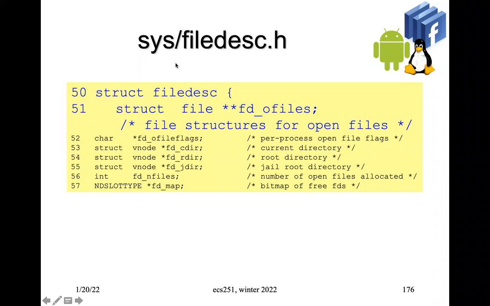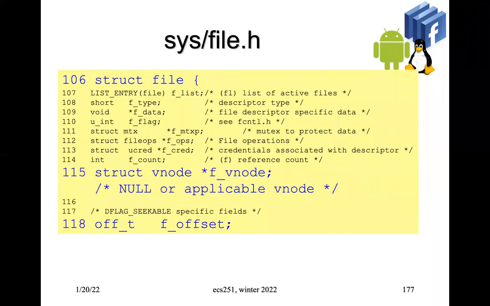Now let's look at what the file descriptor itself is. This is under sys/filedesc.h, and you can take a look at this. For all the open files, it has a list. So basically, the file descriptor is a list of the files you just created.